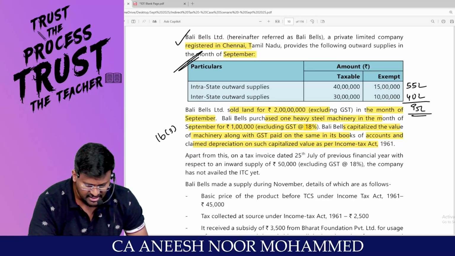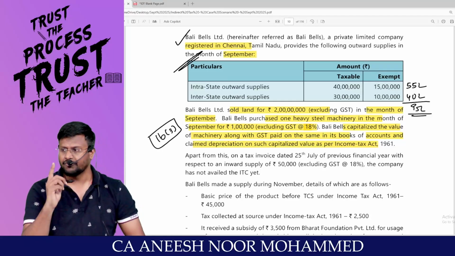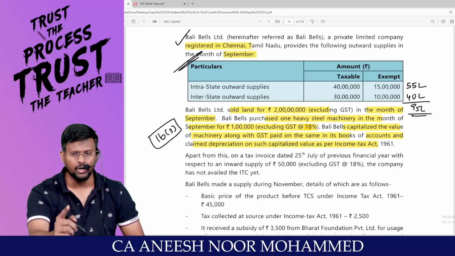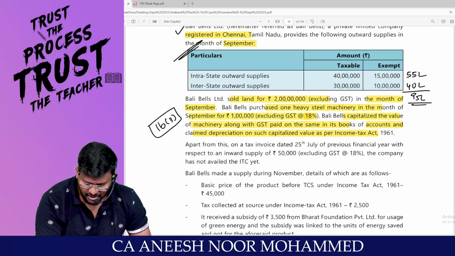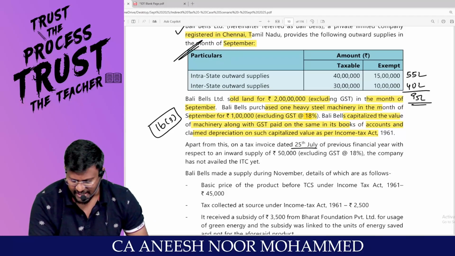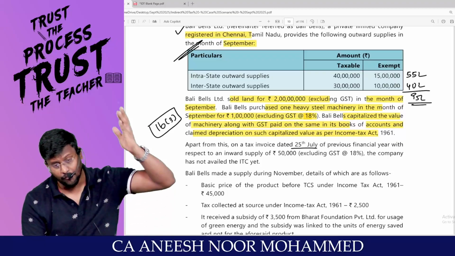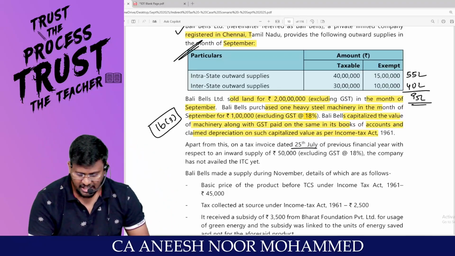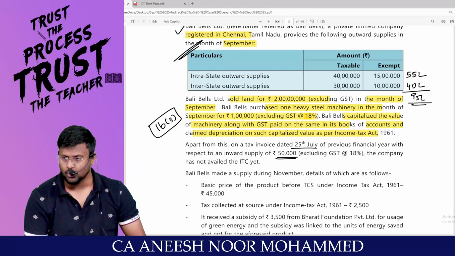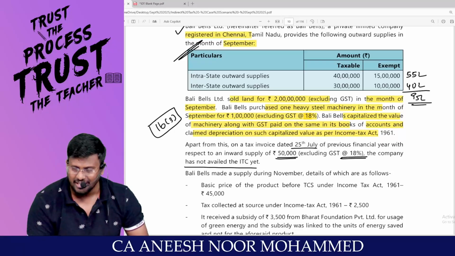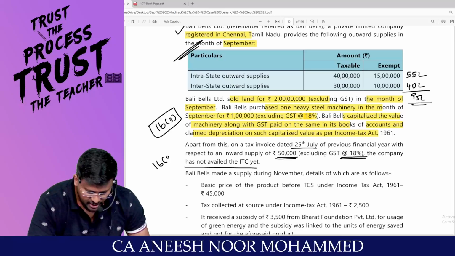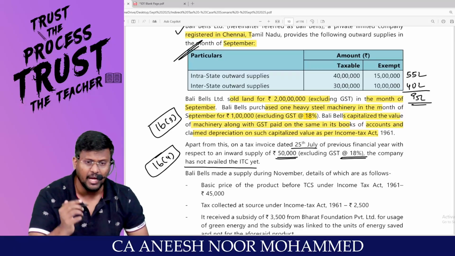As per section 16 subsection 3, if depreciation is claimed on the tax component, then there is no ITC. Right, sir? Apart from this, a tax invoice dated 25th July of the previous financial year with respect to inward supply of 50,000, excluding GST at 18%, the company has not availed the ITC yet. For this, the 16 subsection 4 time limit will be applicable.